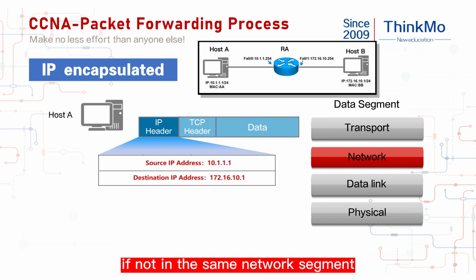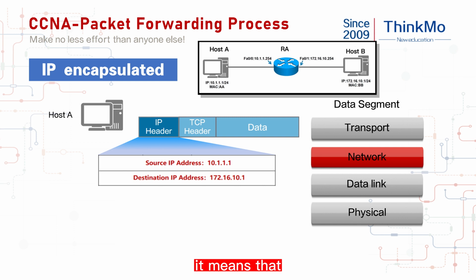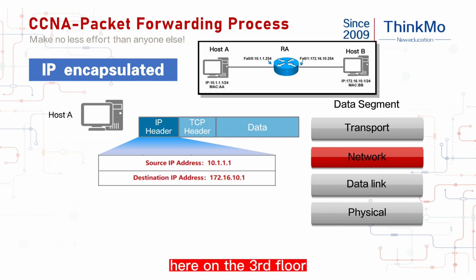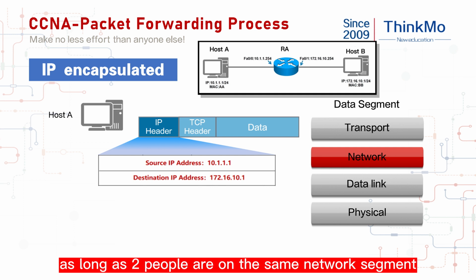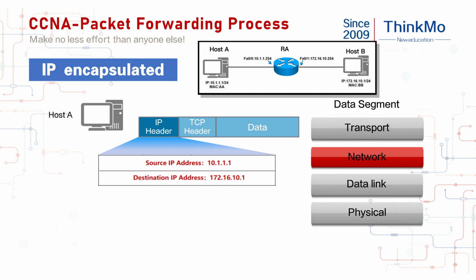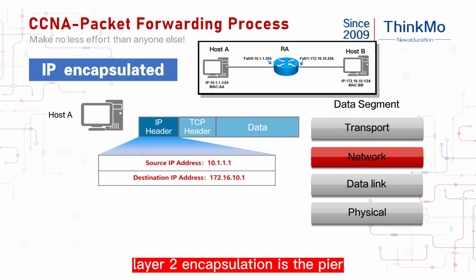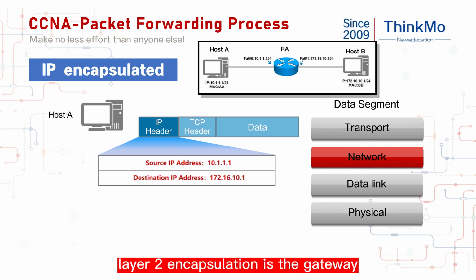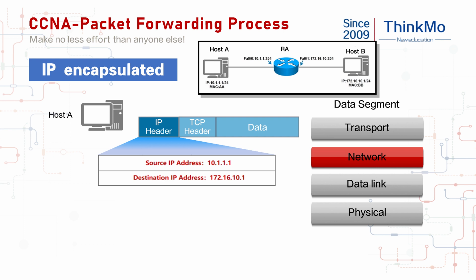If not in the same network segment, the destination MAC of the second layer encapsulates the address of the gateway. As long as two devices are on the same network segment, Layer 2 encapsulation is the peer. If not in the same network segment, Layer 2 encapsulation is the gateway. This is a basic logic of data communication.